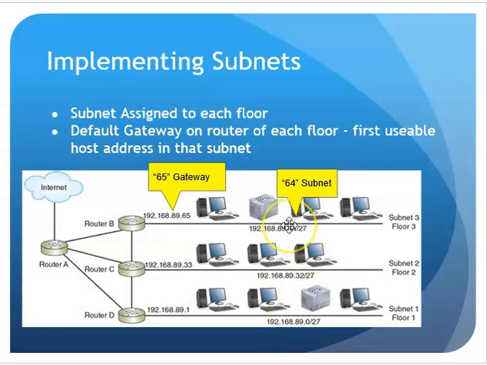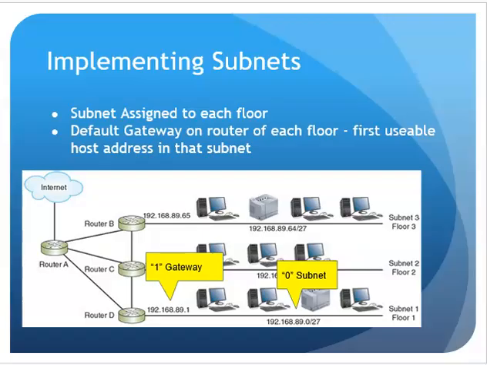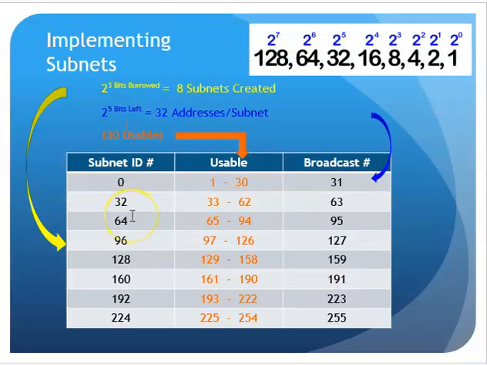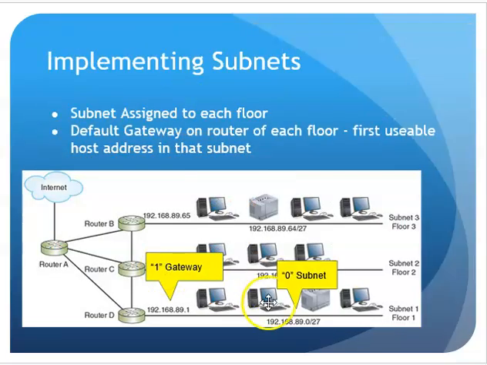Now let me go back to my chart here. Here is my 0, 32, 64. I can now start using the usable numbers for each of those subnets for the devices on that subnet or floor. So here's my 0 subnet. I can assign the gateway router .1, and then I can start assigning the computers .2, .3, .4, .5, and so forth.